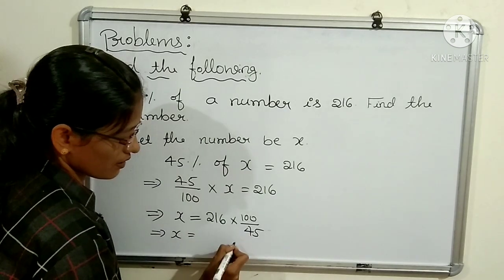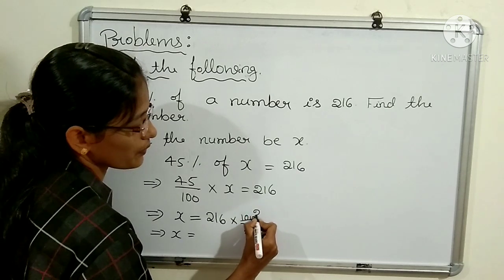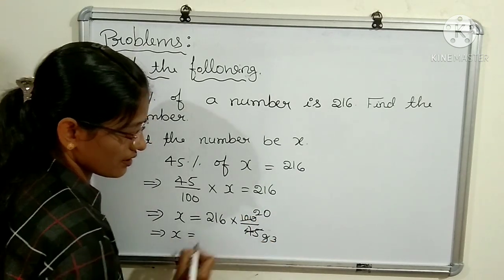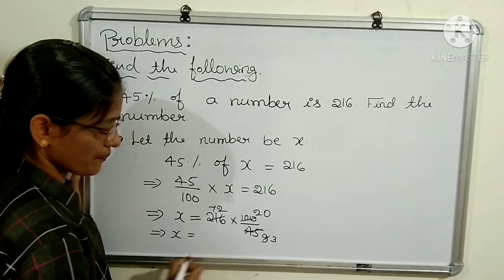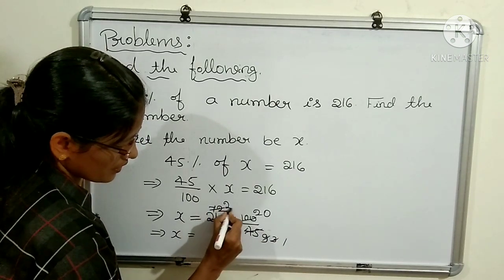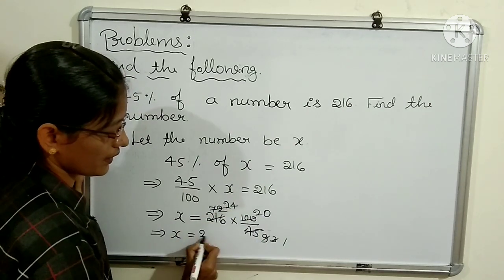Here simplification. 5 9s are 45. 5 20s are 100. Here 3 3s are 9. 3 7s are 21, 3 1s are 3. Here 3 2s are 6. 3 4s are 24 into 20.